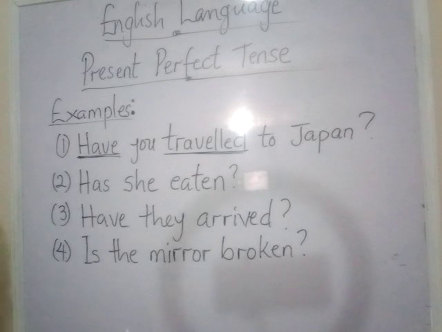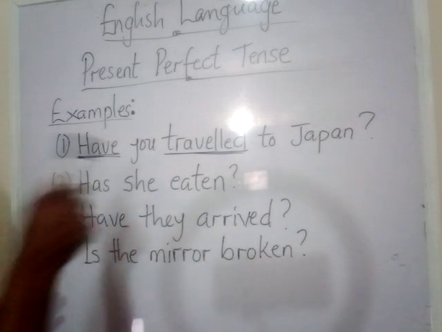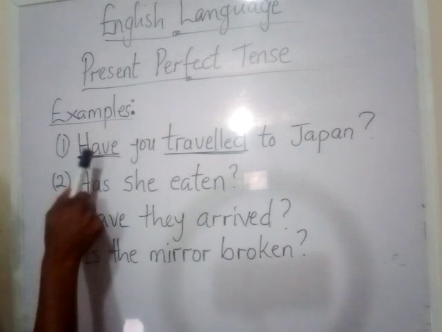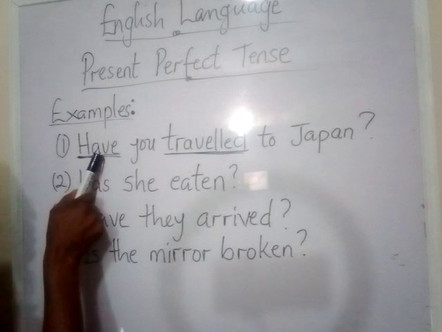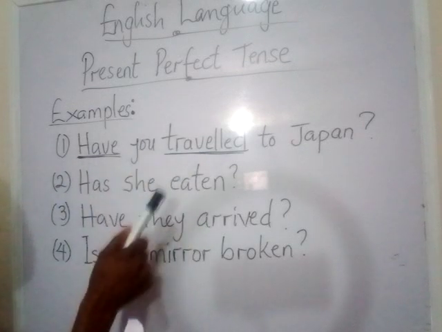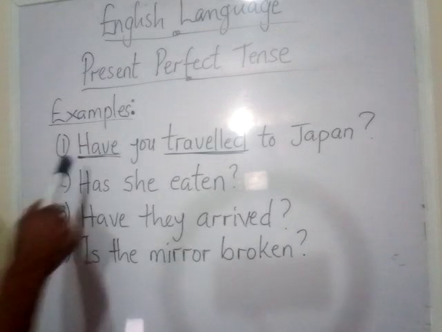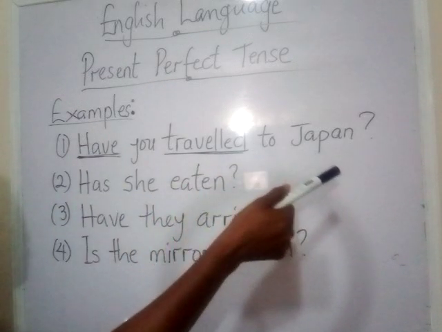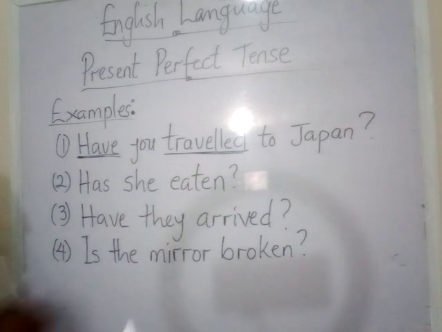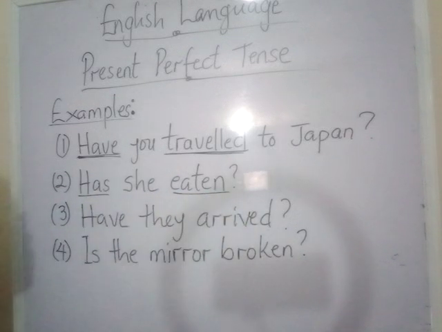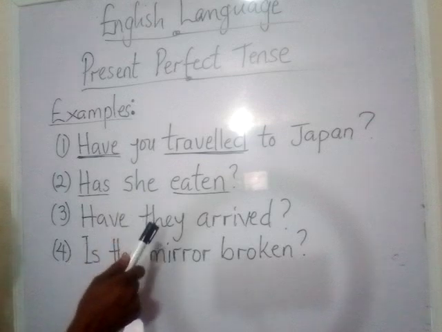So any form you use, whether it's the affirmative, the negative, or this question or interrogative one, you will find out that there will always be have or has, followed by the past participle form of the verb. So here you have, have you traveled to Japan? Has she eaten? You see has, you see eaten. Has she eaten? Have they arrived?